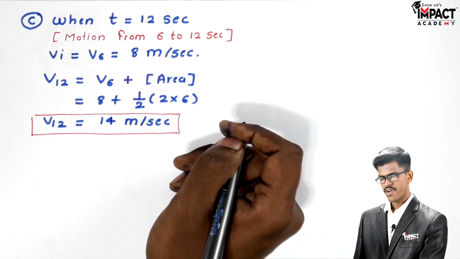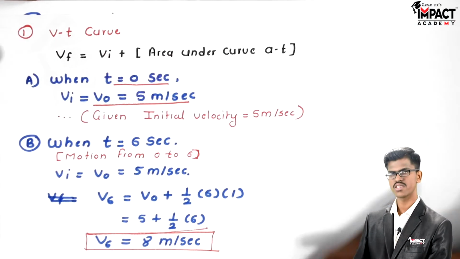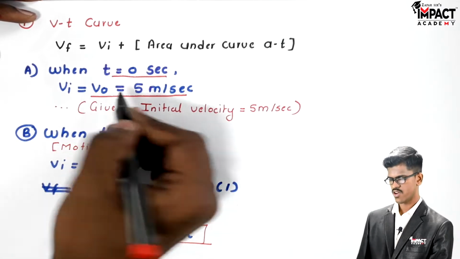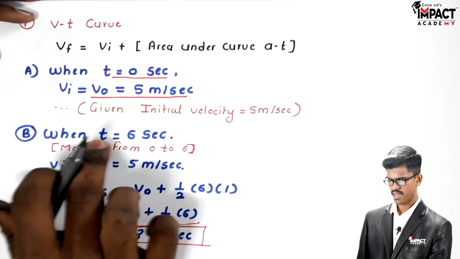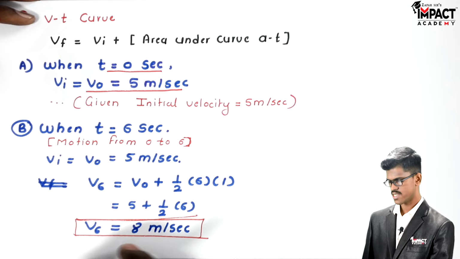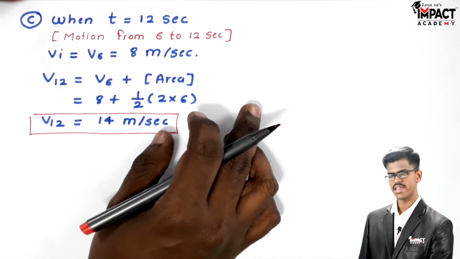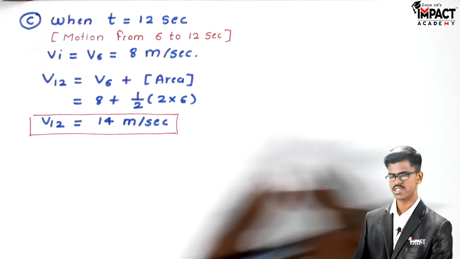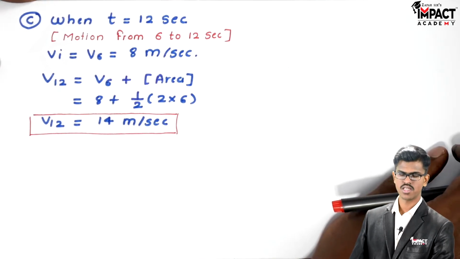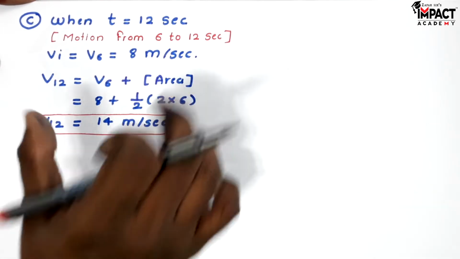So we get all the values. When t is equal to 0 second, v0 is 5 meter per second. When t is equal to 6 second, v6 is equal to 8 meter per second. And when t is equal to 12 second, v12 is equal to 14 meter per second. Now we have to construct the vt curve.